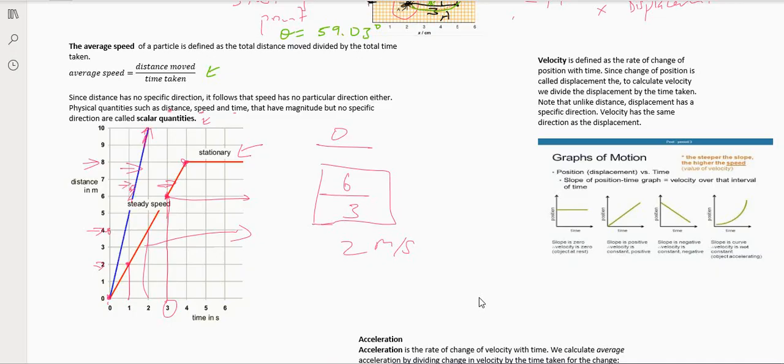The blue section is much steeper. It has a much steeper gradient. So we can say that that car is going to have a much larger speed than the one in red.